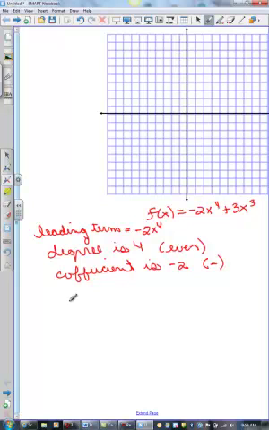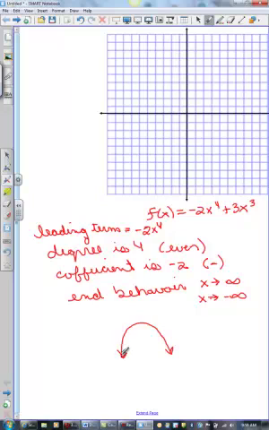So our end behavior should be, as x approaches infinity and as x approaches negative infinity, we're going to be decreasing. So it can be sketched like this.